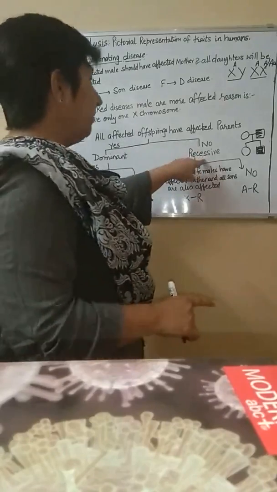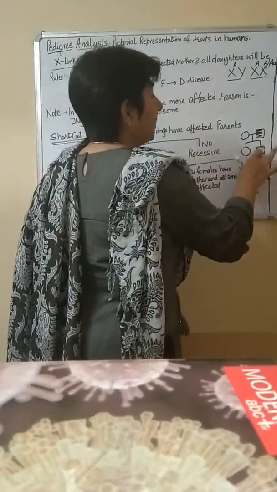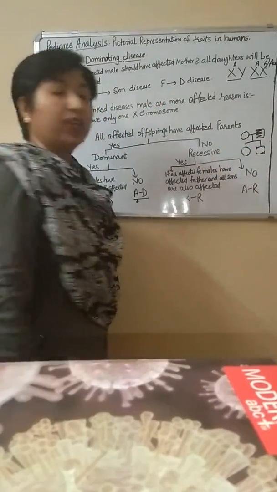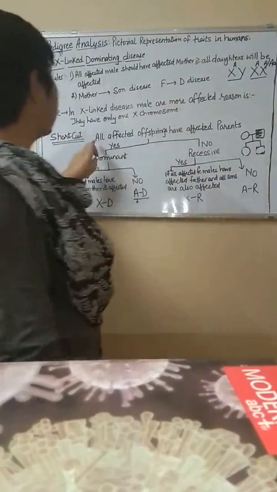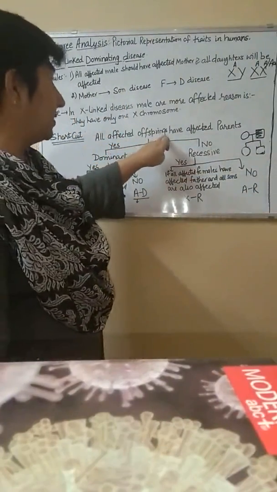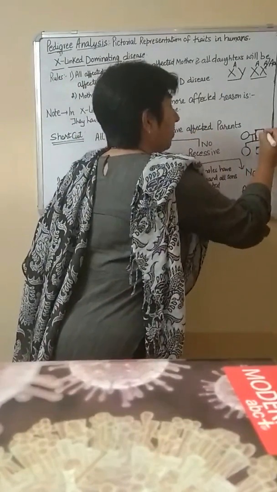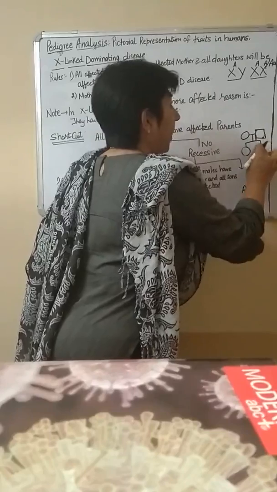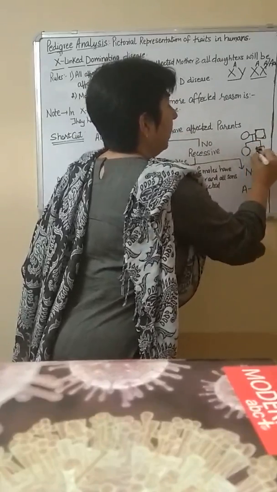Now, suppose it is not dominant, say it's not present in the next generation. We can pick this as an example. Because all affected offspring have affected parents, we can do it in a reverse manner. We can make the parents unaffected, and one of the offspring is affected.